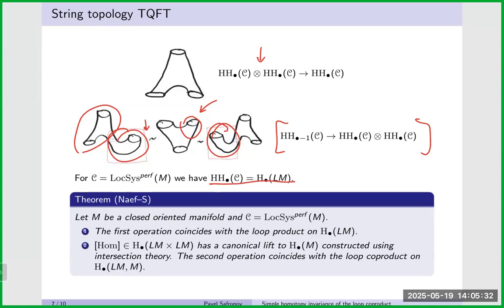And the first claim is that the first operation is the loop product. The second operation depends on the choice of the Euler structure. So what we do is we provide explicitly, we explain what is this choice of the Euler structure. And with that choice, we explain that you get the loop coproduct.